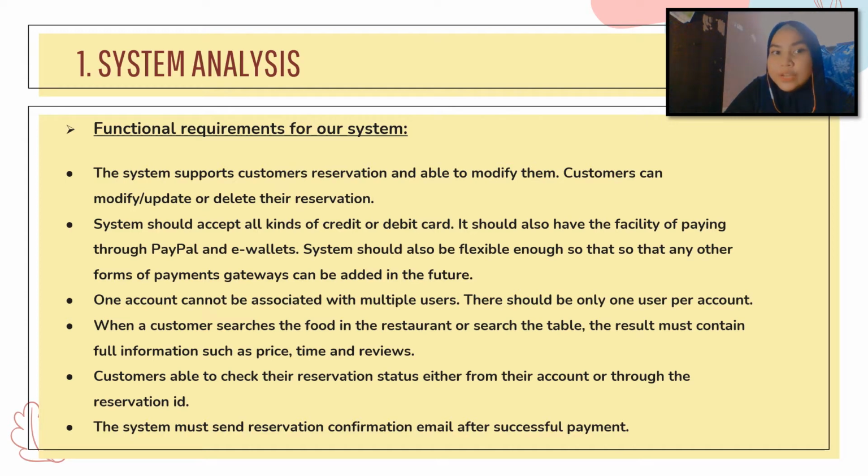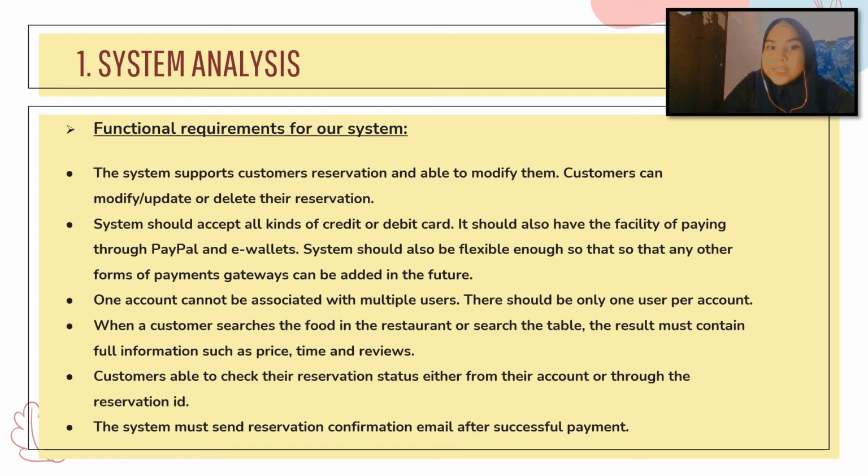They include description of the required function, outlines of associated reports or online queries, and details of data to be held in the system. Now, let's see functional requirements for our system.